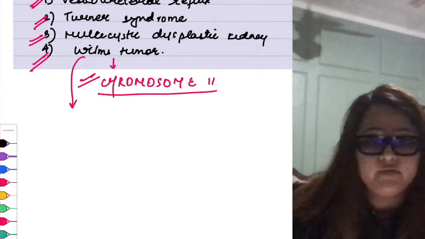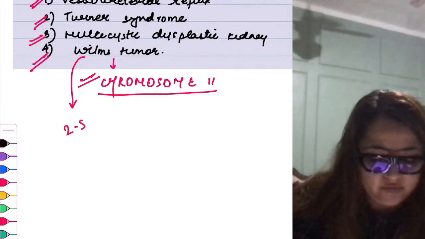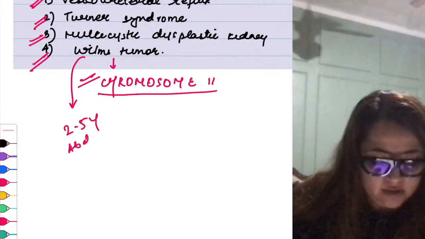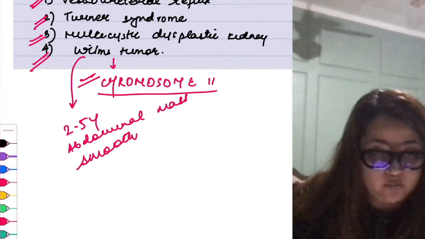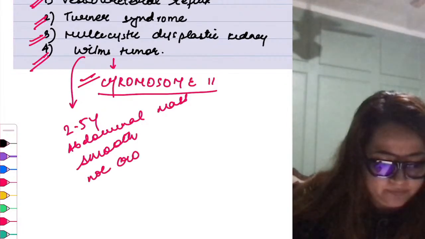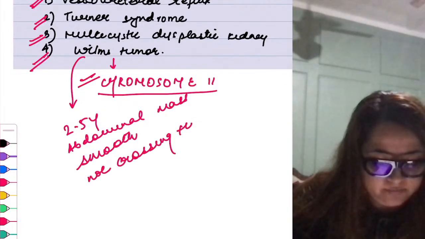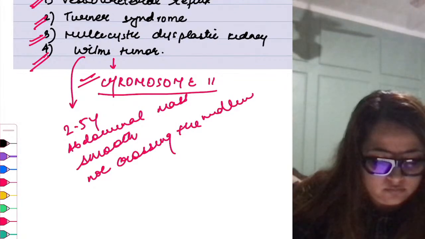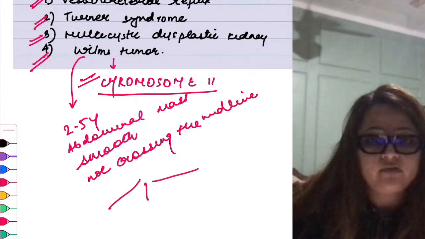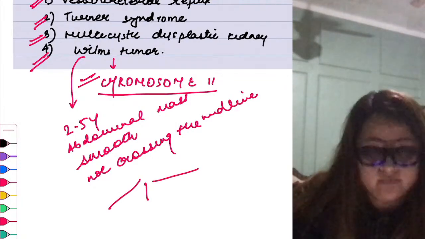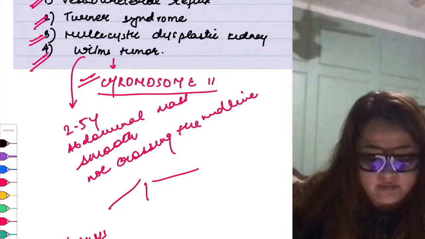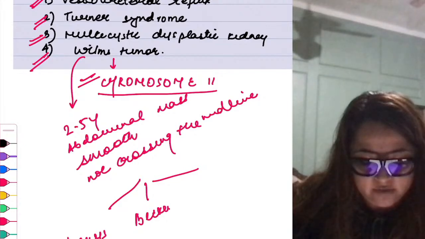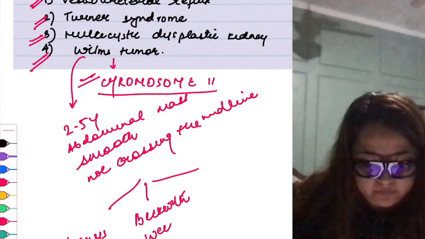Another very important point regarding Wilms tumor: a 2 to 5-year-old child with the incidental finding of an abdominal mass, which is smooth when you palpate it and not crossing the midline. And 3 syndromic associations of Wilms tumor. Number 1, Denys-Drash. Number 2, Beckwith-Wiedemann syndrome.